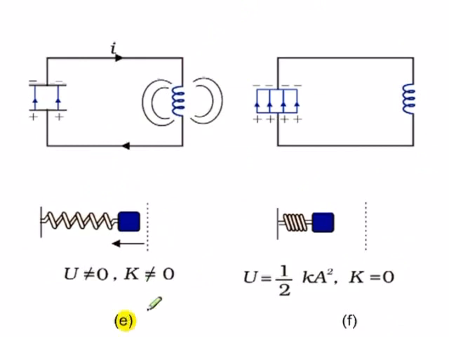Coming to figure E, let us see the status. Here, once the current in the inductor has reached a maximum, the current will start decaying from I maximum to 0. However, this current will charge the capacitor.